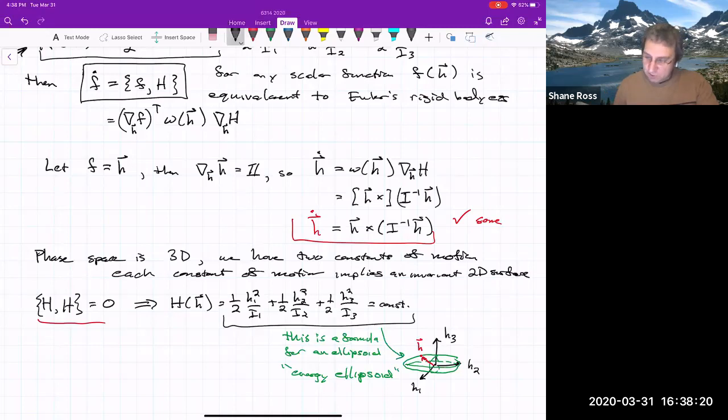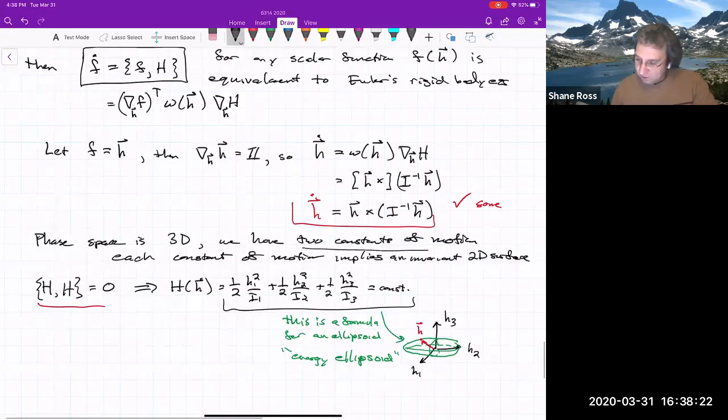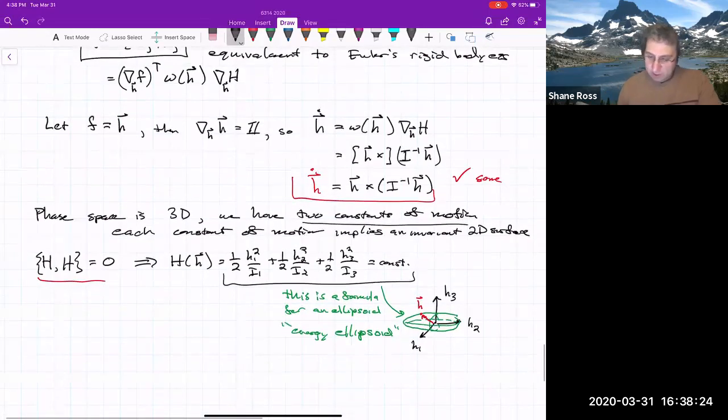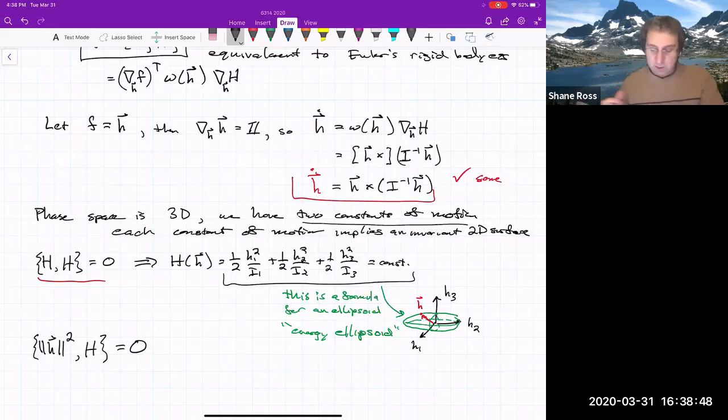The other surface: I said that there are two constants of motion. The other constant of motion is the magnitude of h. It's probably easier if you do the magnitude of h squared. You could go through the exercise if you want, but you'll find that the Poisson bracket of the magnitude of the angular momentum with the Hamiltonian is equal to 0.